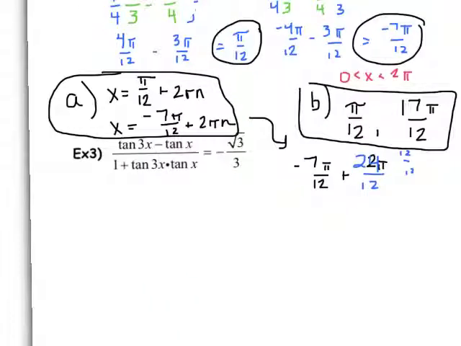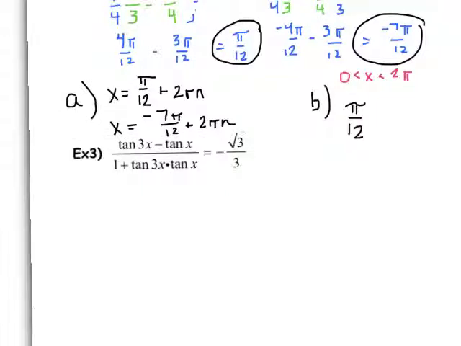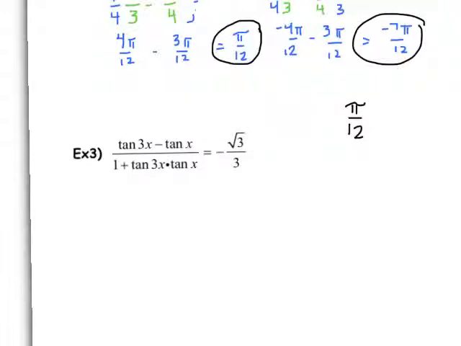All right, so let's start our last example, example 3. So this is tangent 3x minus tangent x all over 1 plus tangent 3x times tangent x. So if you match this up, what does it match to?